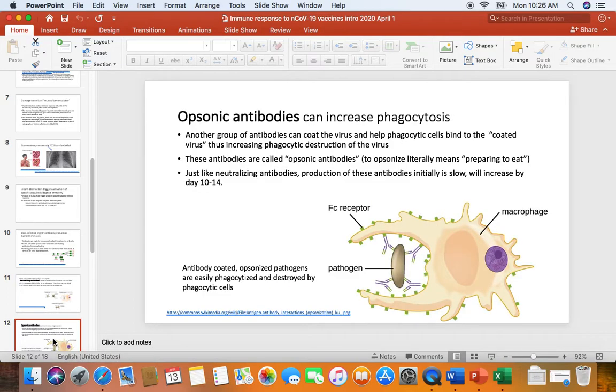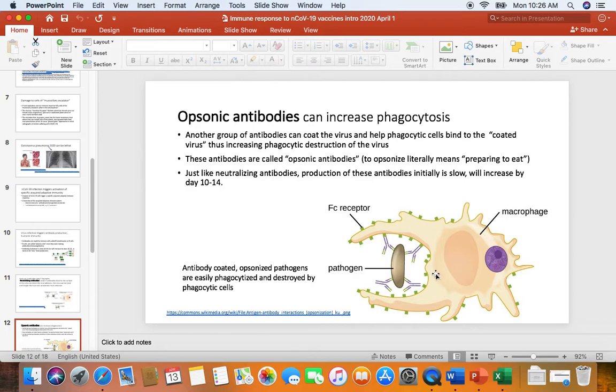And then folks, on slide 12, I don't think we've talked about this function of antibodies, and this function is called opsonization. So let's say this is some invading pathogen right here, right? And ideally what we'd like is when the pathogen first invades us, we'd like our phagocytic cells like macrophages or neutrophils to quickly attach to the pathogen, ingest it in the process of phagocytosis and kill it.